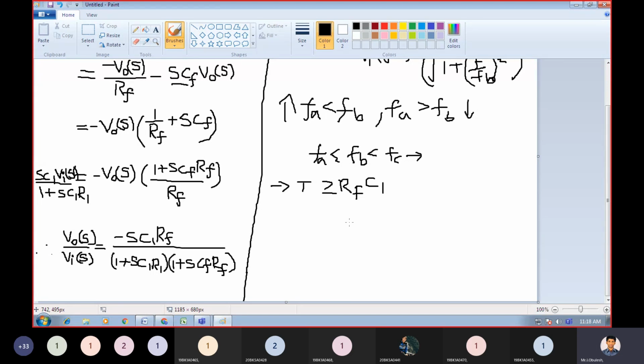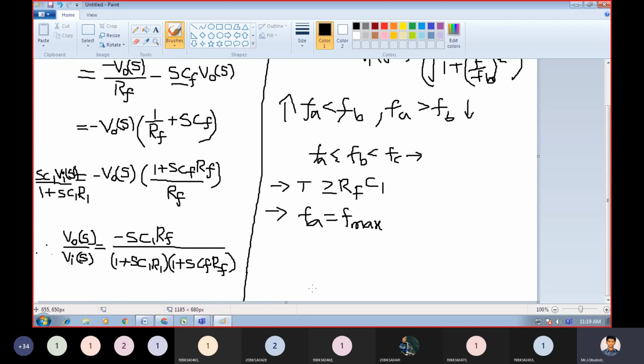The second condition is choose FA equal to F maximum, the F maximum of the input signal.